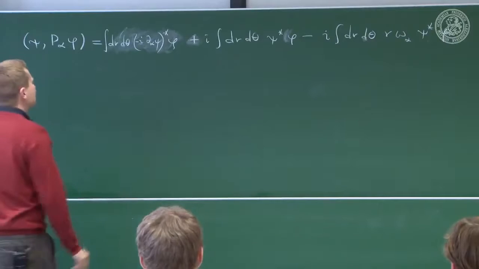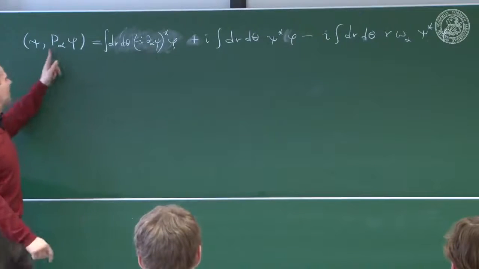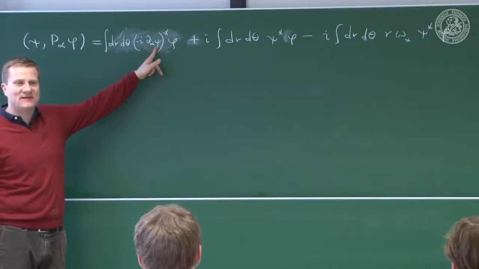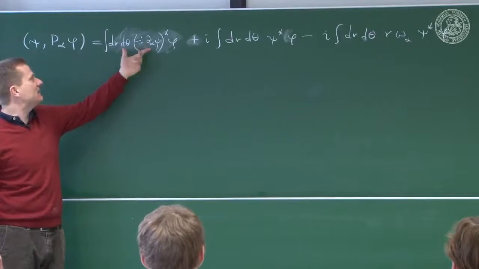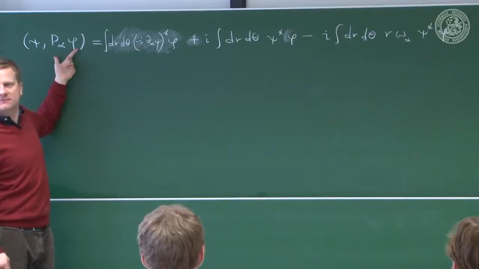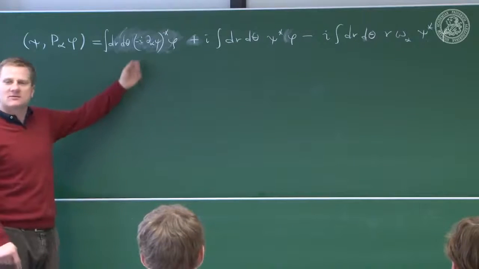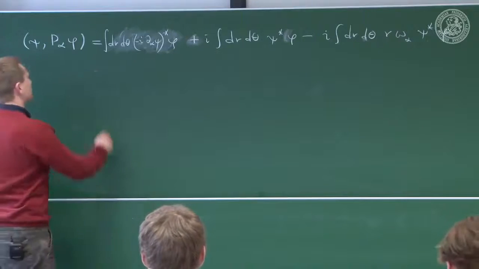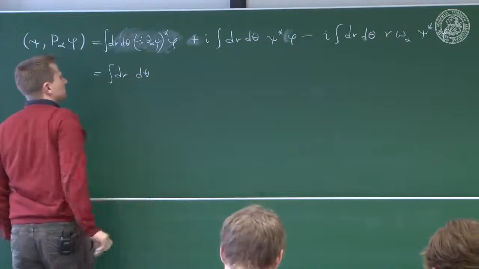Now the problem is this isn't p alpha psi, because the p alpha now has an extra term if it acts on a psi. Okay, so I prematurely identified this with what I wanted, right? Okay, great result, unfortunately wrong. So let's do it right. Okay, so this is dr d theta.